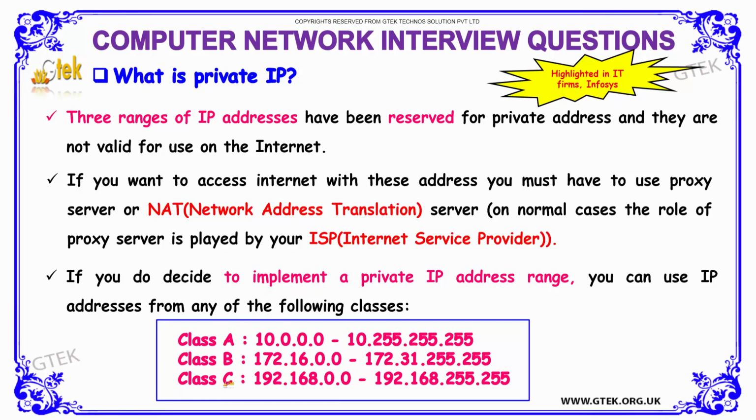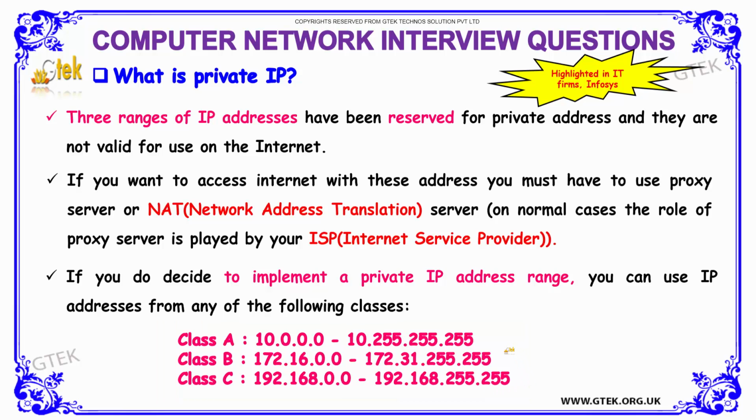Whereas Class C is 192.168.0.0 up to 192.168.255.255. So that defines the 3 classes of private IP addresses which are reserved, and the range of the private IP addresses. These types of questions are highlighted in interviews of Infosys.